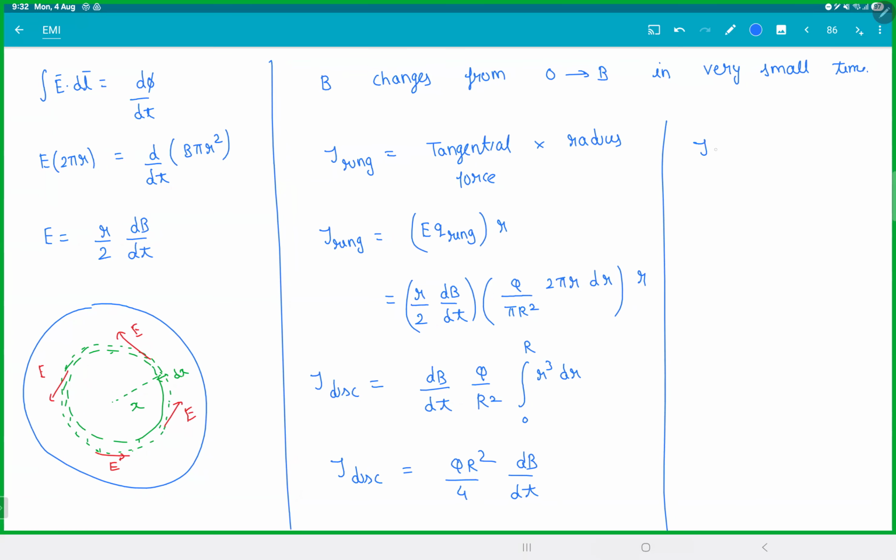And we know torque into dt is Q r square by 4 integral dB.